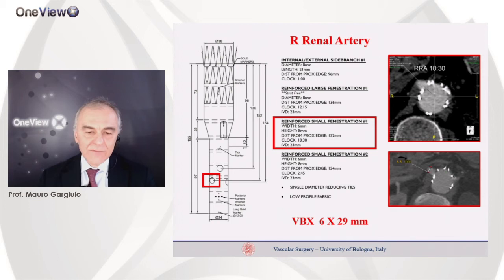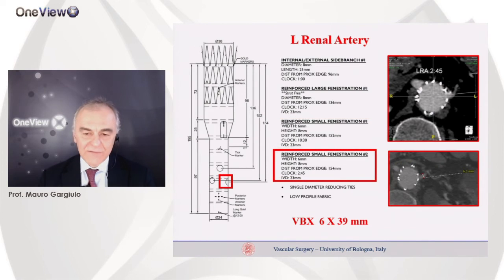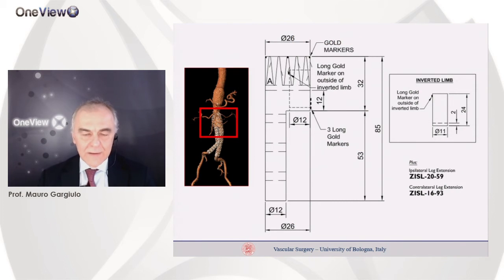And regarding the right renal artery, we decided VBX 6 to 29, and for the left, according with the diameter of the artery, according with the distance between the stent graft and the visceral vessel, we decide about the VBX 6 to 39.